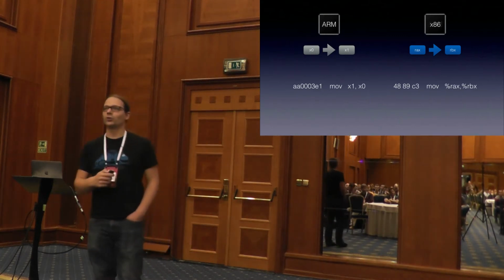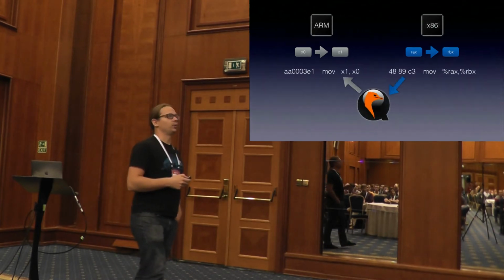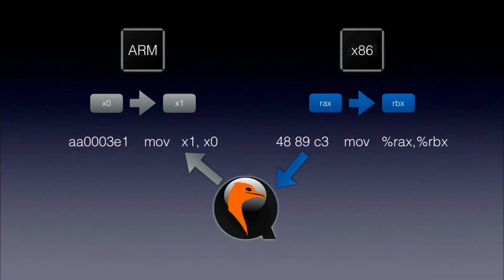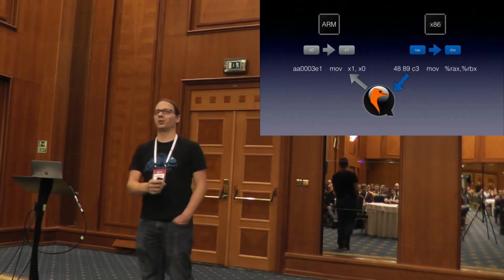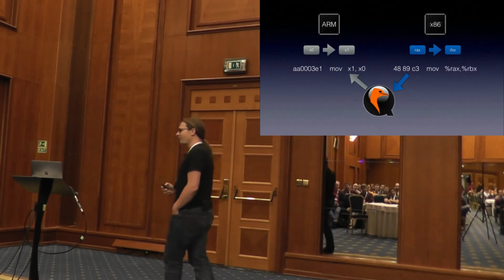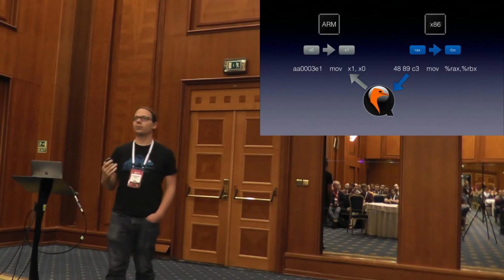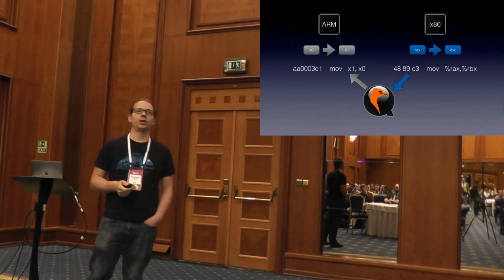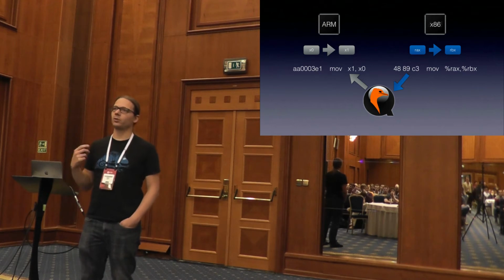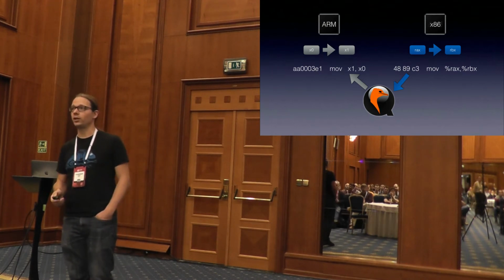And making one of them work on the other, that's exactly what QEMU does. I'm pretty sure that almost everybody here knows that, but I want to make sure we're on the same page. So what is QEMU? QEMU has different modes of emulation. The usual mode that most people here are familiar with, because we had KVM Forum, is full system emulation.